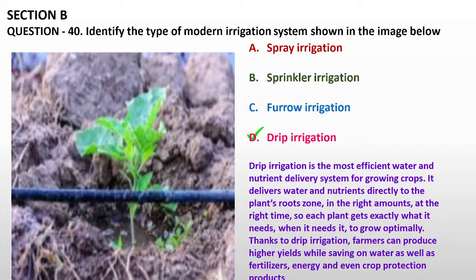It delivers water and nutrients directly to the plant's root zone in the right amounts at the right time, so each plant gets exactly what it needs when it needs it to grow optimally. Thanks to drip irrigation, farmers can produce higher yields while saving on water as well as fertilizers, energy, and even crop protection products.